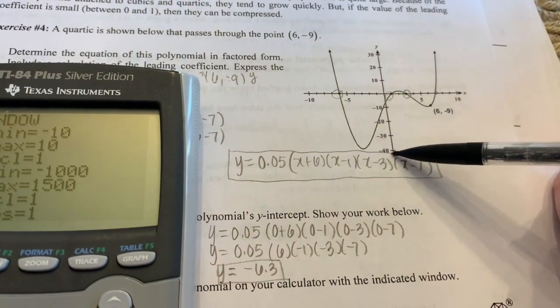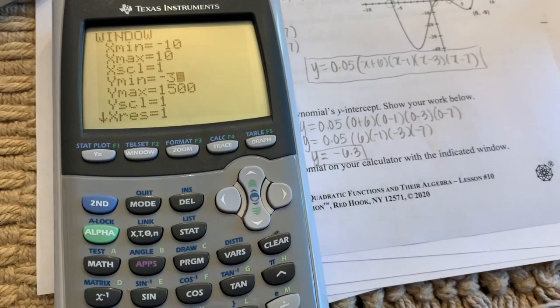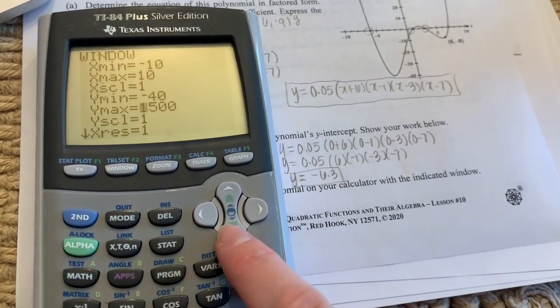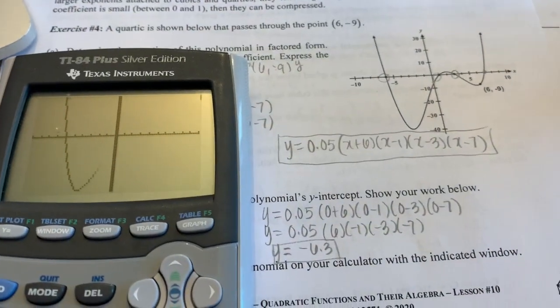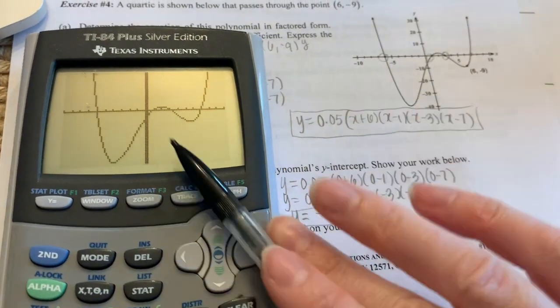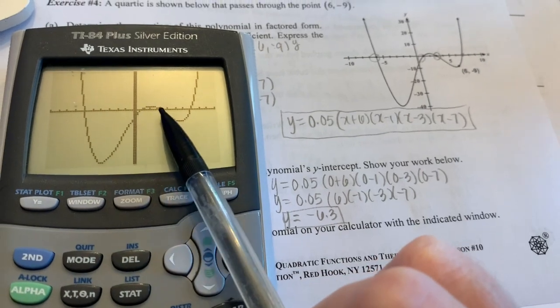And the window this time is going from -40 to +30. So we don't need to be in the thousands here this time. What did I say? -40 to +30. And we'll take a peek. Ah, that's much better. And it looks just like the one in the picture. And there's our zeros. -6, 1, 3, 7.